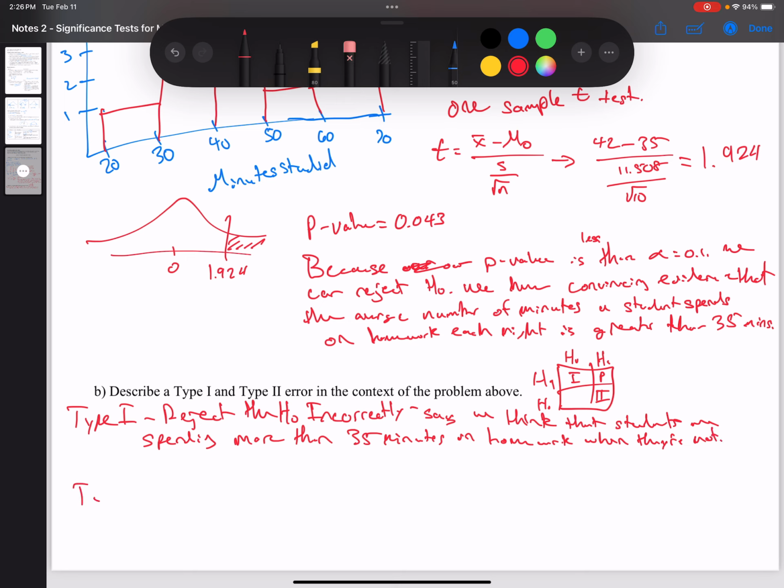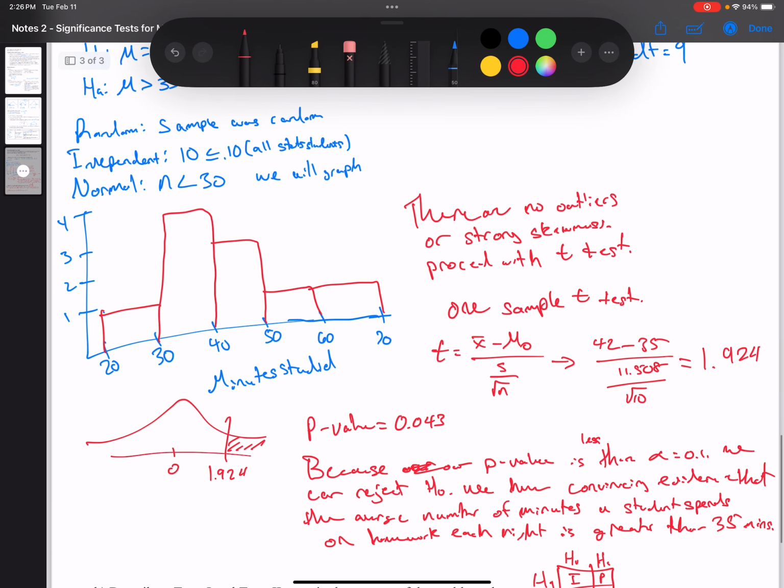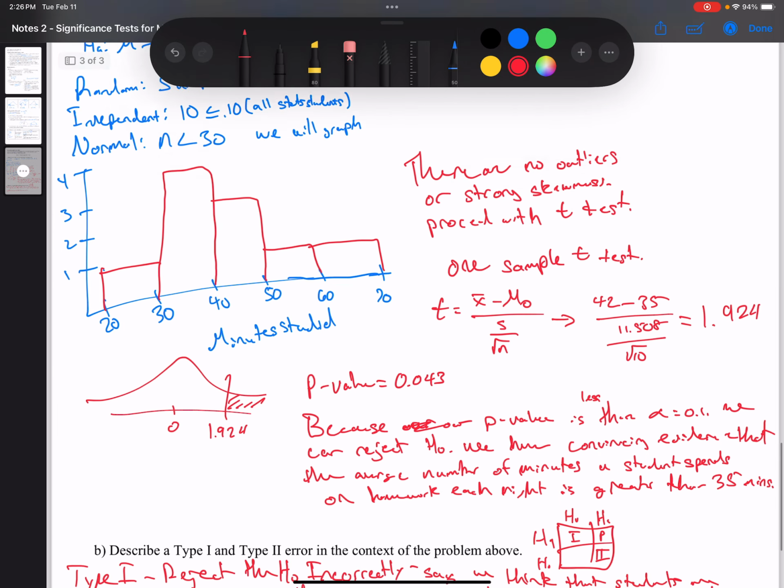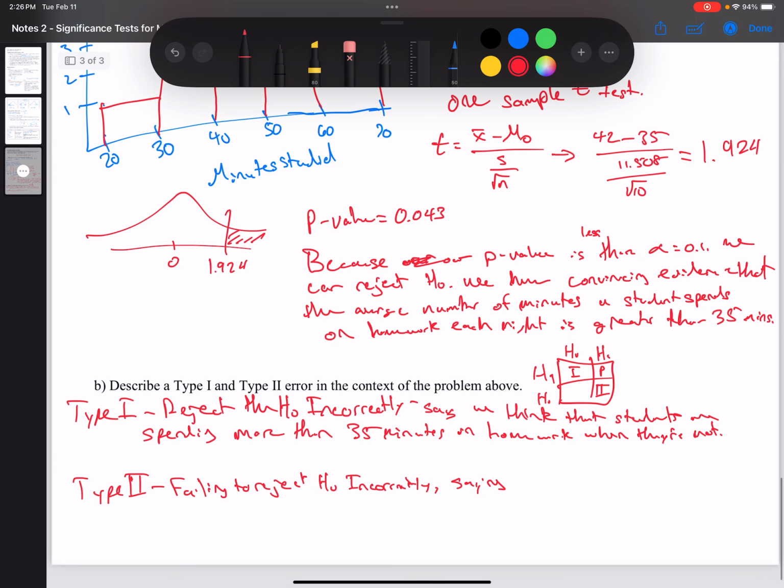And then type 2 means we're failing to reject the null incorrectly. So we're failing to reject the null incorrectly, which means we think they're spending 35 minutes when they're not, when it's greater.